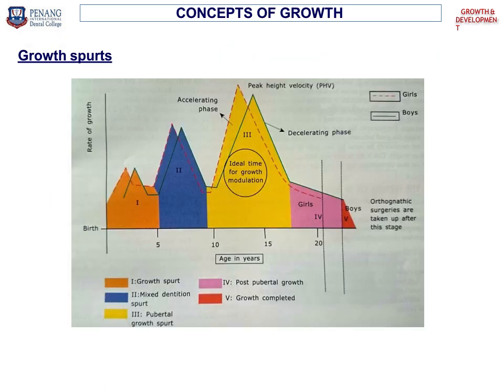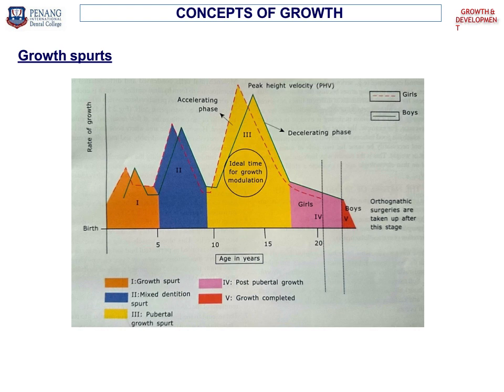So we have removed the growth spurt which happens before birth because we cannot really utilize it. So we start with the growth spurt which is happening 1 year after birth, then the mixed dentition growth spurt, and this is the growth spurt that we'll be utilizing, which is our prepubertal growth spurt just before attaining puberty, where maximum growth is expressed in the maxilla and mandible, the areas we are dealing with.